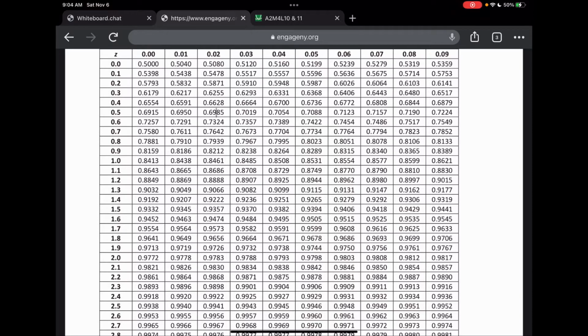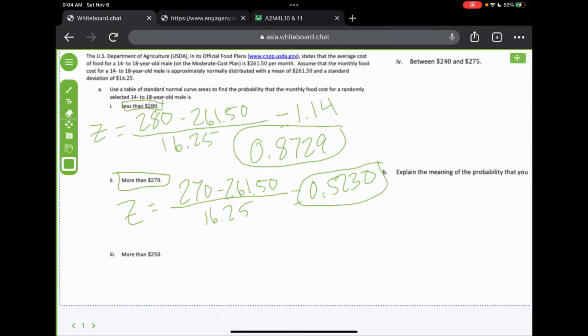So 0.6985, we're going to take that, and since that is everything to the left of 0.52, we're actually going to just simply subtract it from 1.